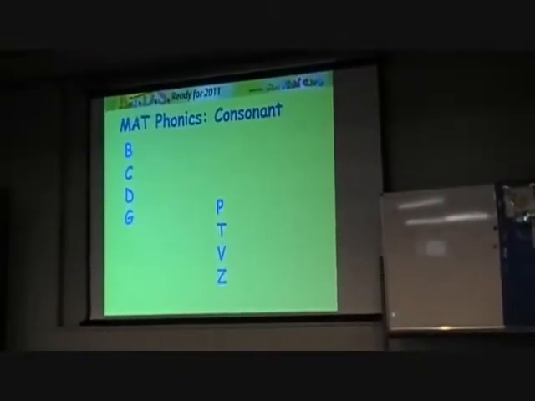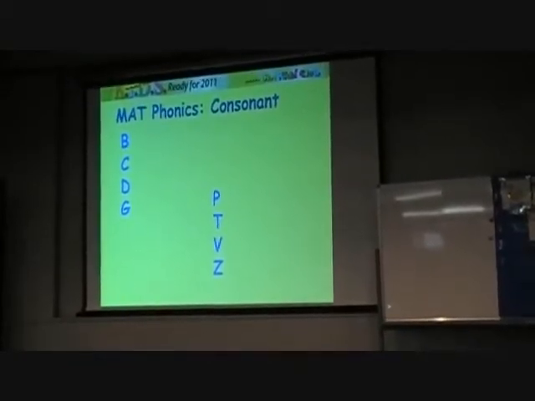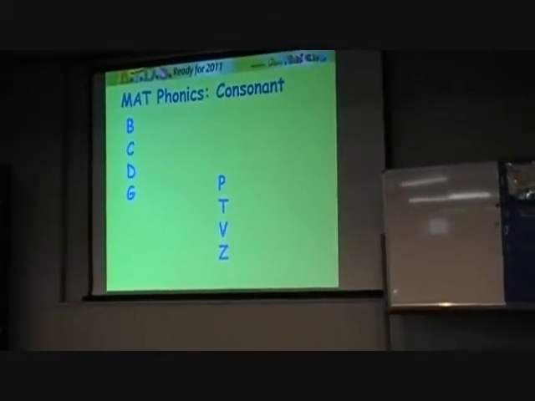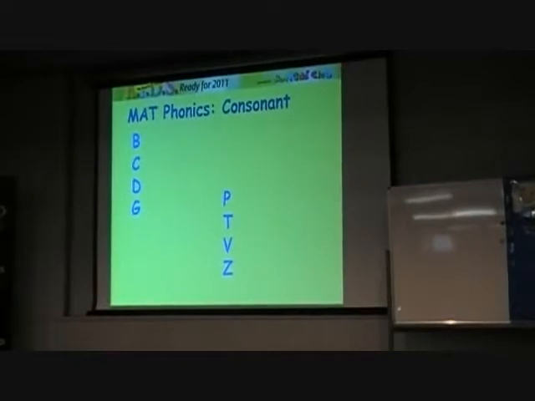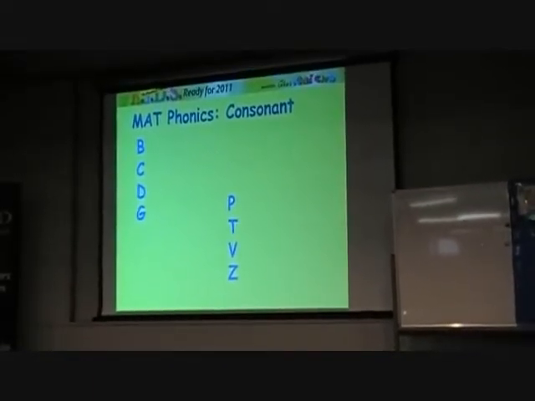Okay, so, can you say these letters? B, C, D, G, P, T, V, and Z. Can you hear something that is similar in each? They rhyme? Okay, let's say it slowly. Ready, go.